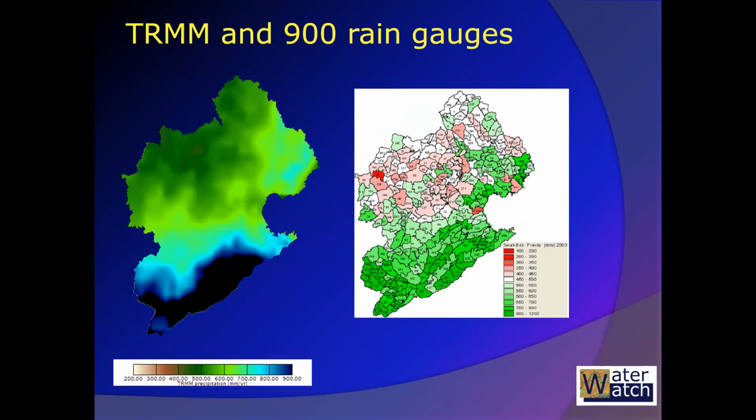And we can see from this illustration that there's a very distinct change in the rainfall. If we look on the right-hand side map here, we can see everything in the greenish region is between 500 and 1,200. And we can see how nicely that's picked up here by the satellite information.